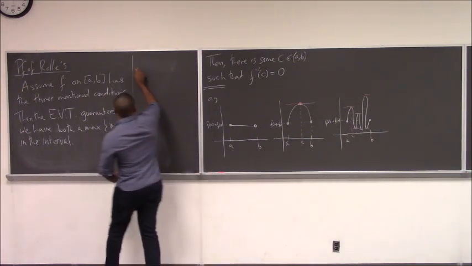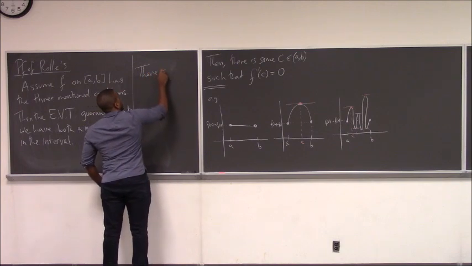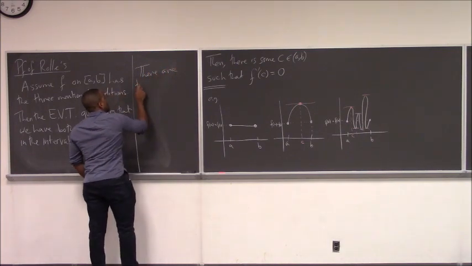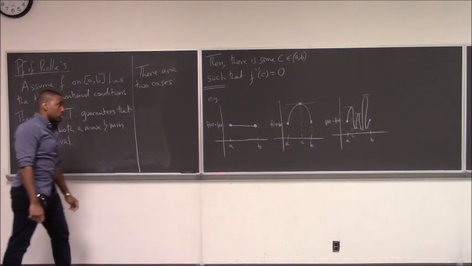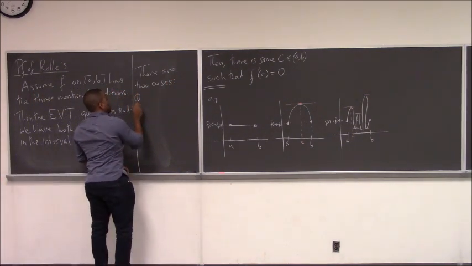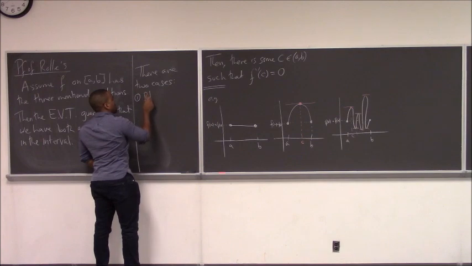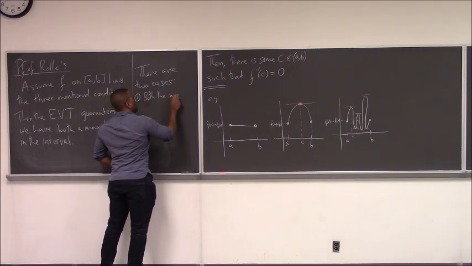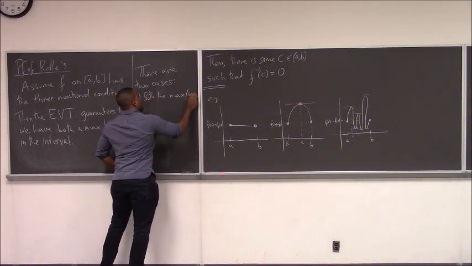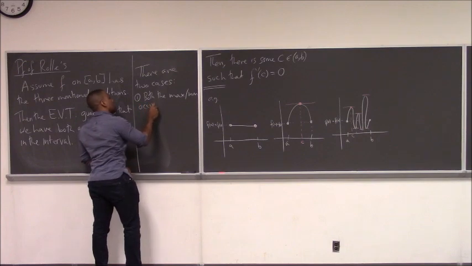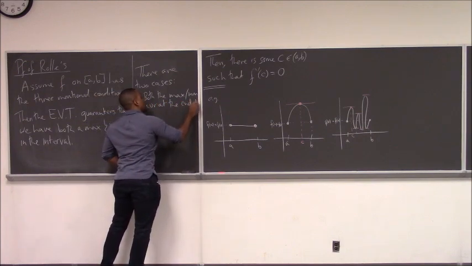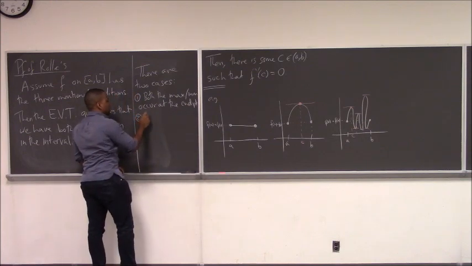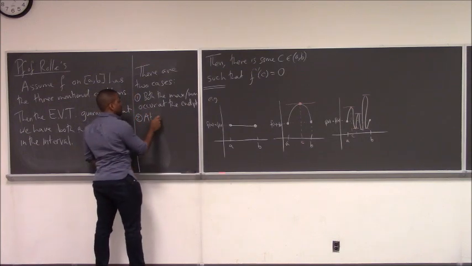Right? So now there are two cases. We can cover all possibilities in two cases. One, both the max and min occur at the endpoints, or two, at least one occurs inside.